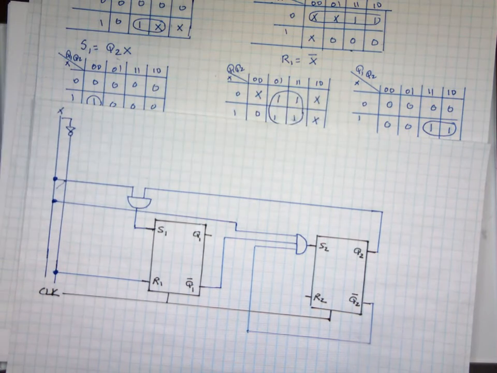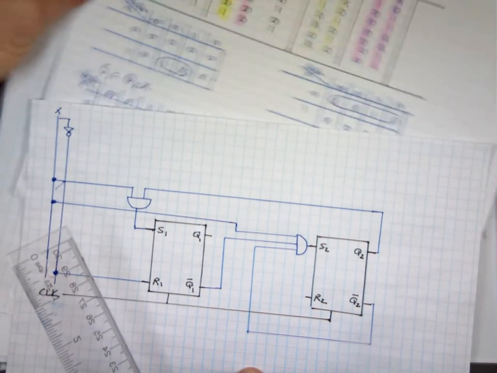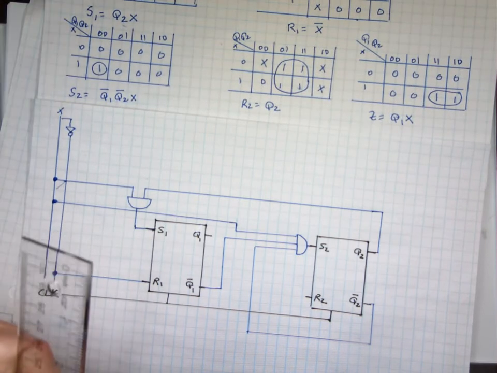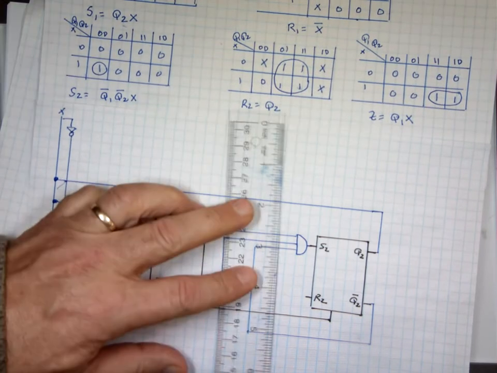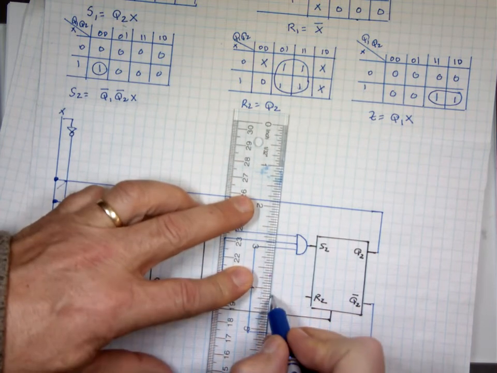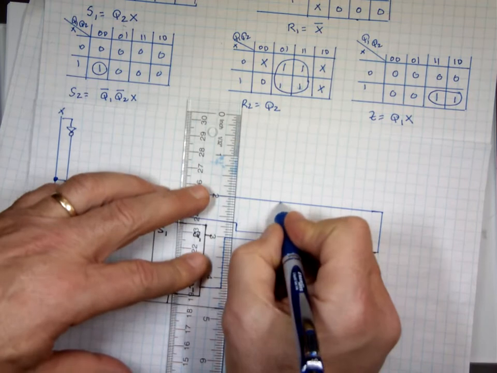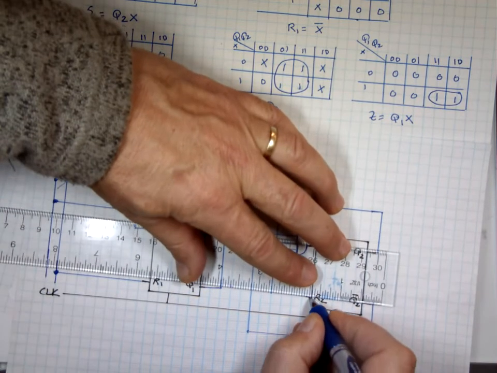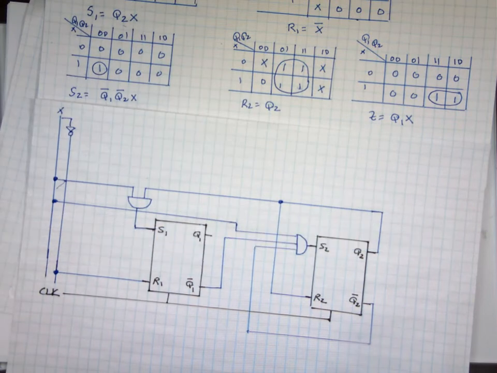And what about R2? That's Q2, right? That's R2 now. And finally, what do we have? Z, the output.